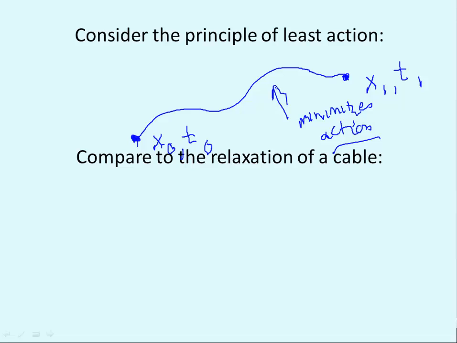Now let's compare this to another process, for instance, the relaxation of a cable. If we have a cable that's fixed at two endpoints, and the cable has a certain length, then if you attach the cable here and here and allow it to hang, the shape it's going to take is going to minimize the potential energy.